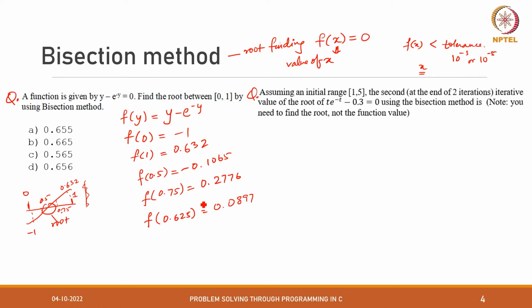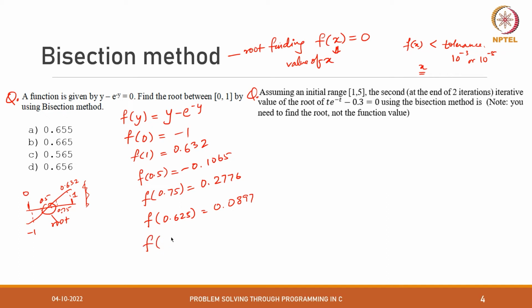It is still positive, still not at the root. So we take 0.5 and 0.625, one on the negative side and one on the positive side, and again calculate the bisection.